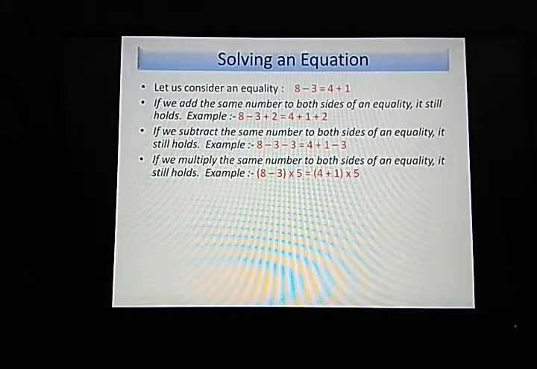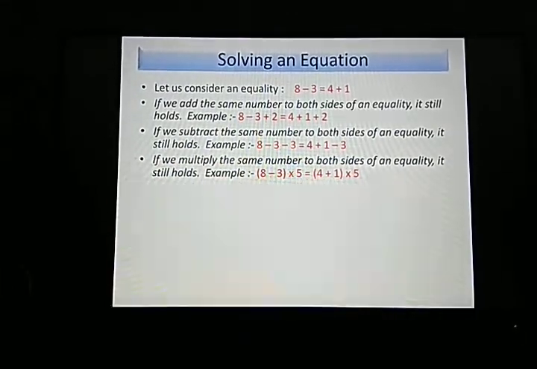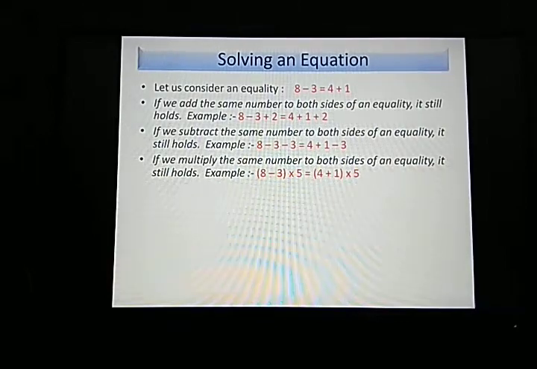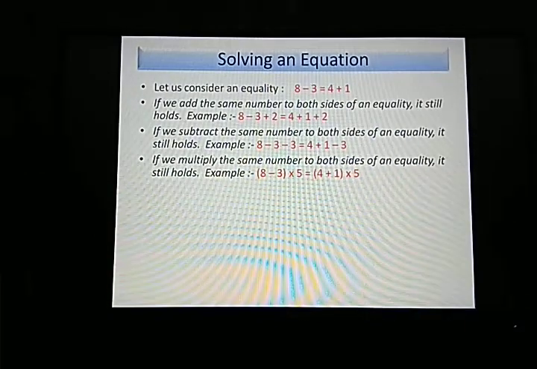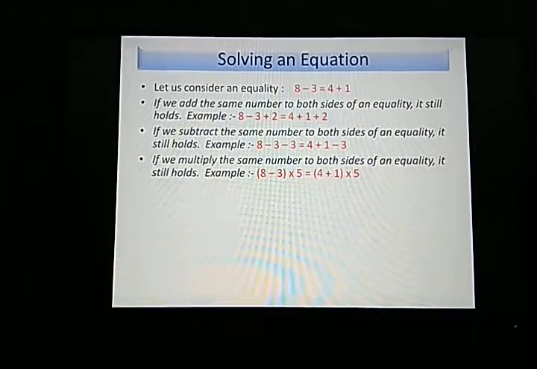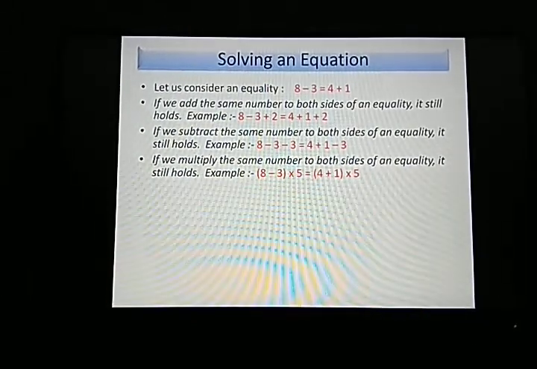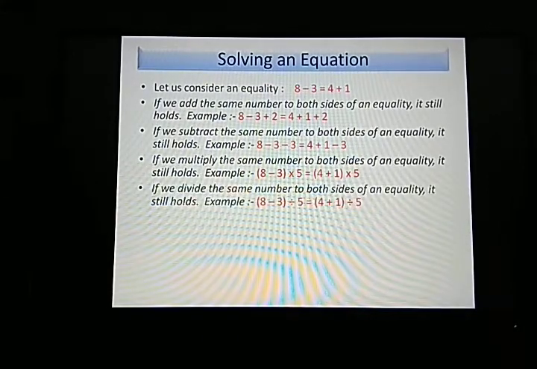So the answer is 5 into 5, that will give us 25. And on the right hand side, 4 plus 1, that is 5. Again 5 into 5 will get 25. So both the side it is the same. So even if we multiply, the answer remains the same, or we can say the equality holds. Same goes with the division. If we divide also, then also the situation remains the same, or the equality holds.